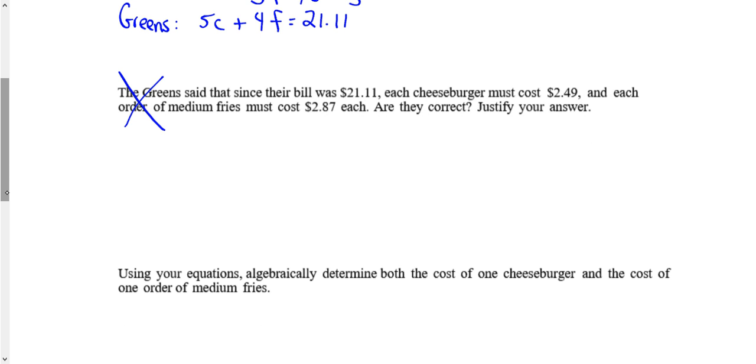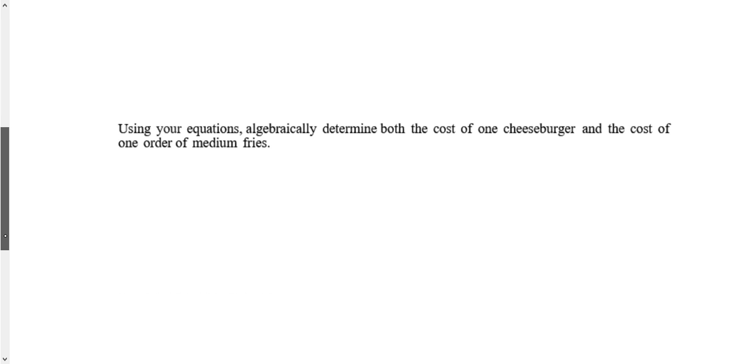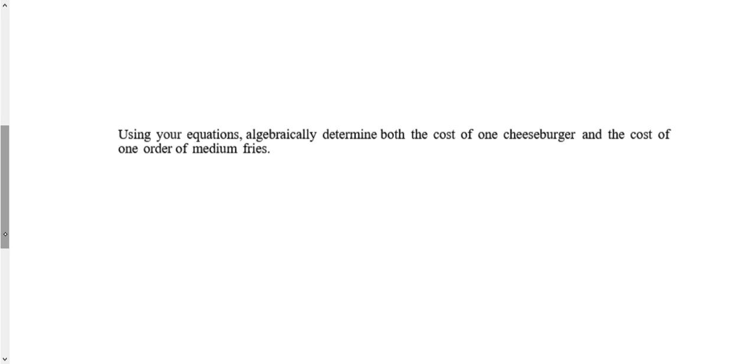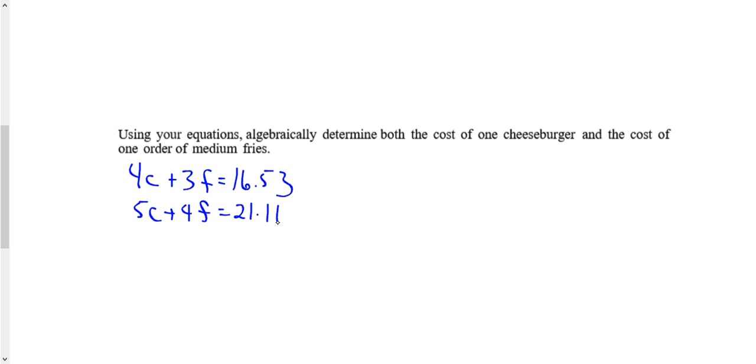Let's write it again. 4C plus 3F equals 1653, and then we got 5C plus 4F equals 2111.